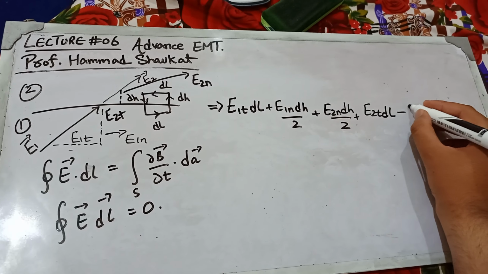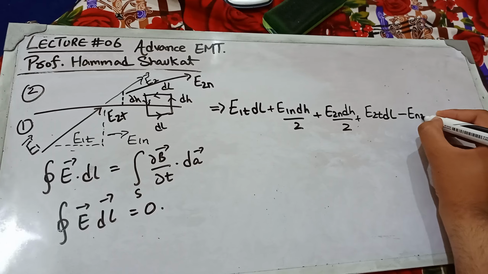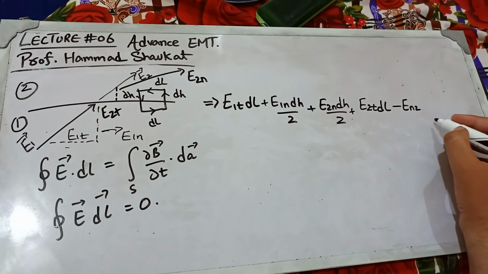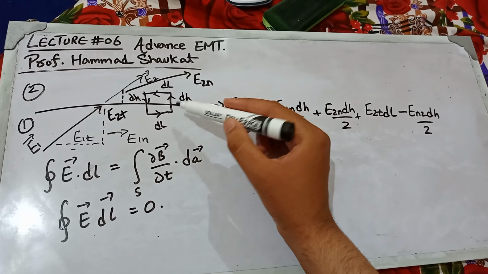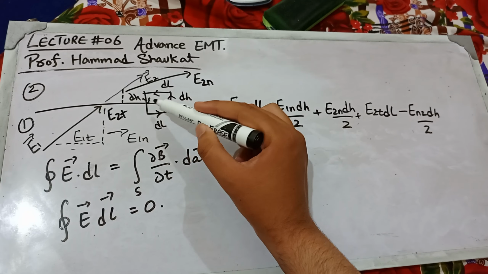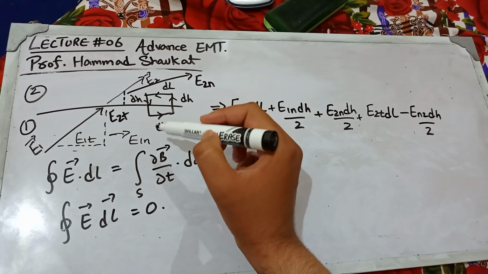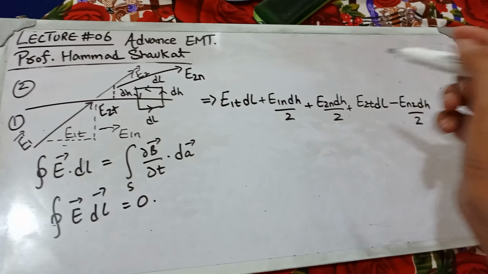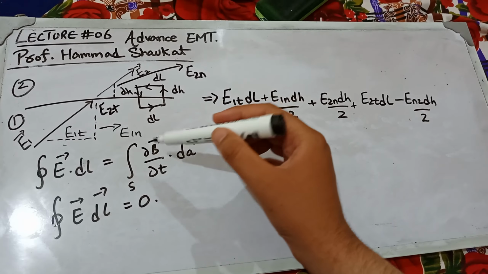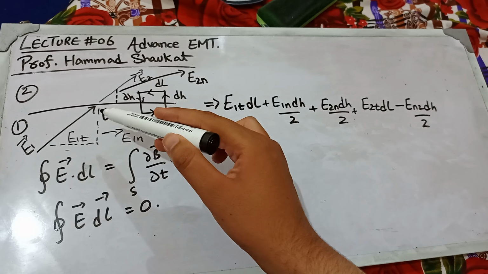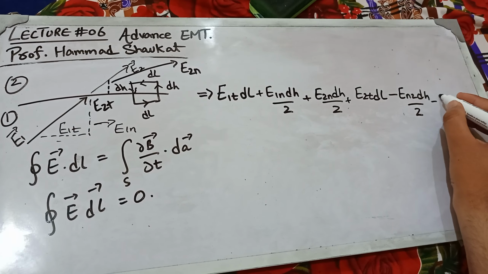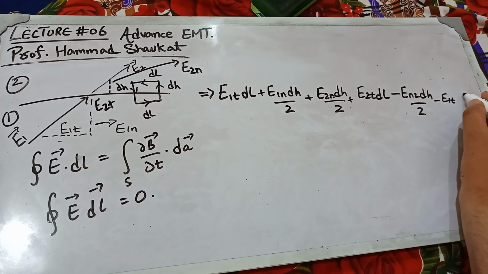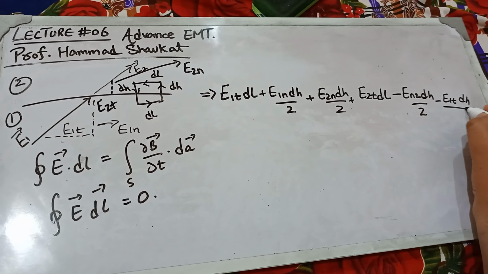So minus e2n times dh divided by 2. Again half of dh in the first medium, and this is the case of e1t, so minus e1t, again dh over 2.